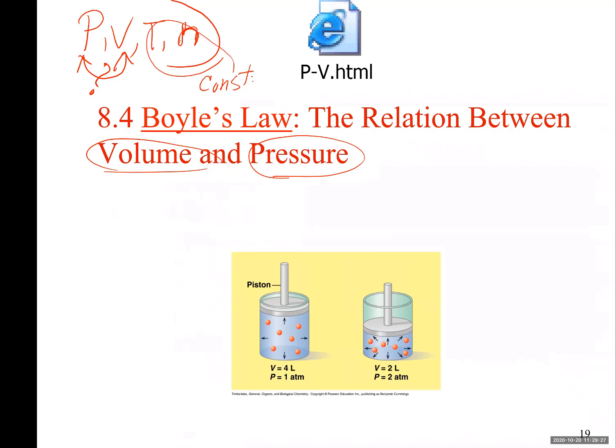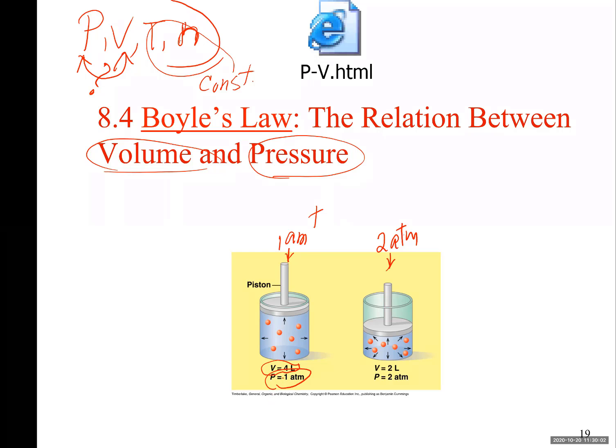So in this example, inside the cylinder, I have got 4 liters of a gas, let's say air. The pressure is equal to 1 atmosphere. I'm going to double the pressure to 2 atmospheres, and I want to see what happens to volume.